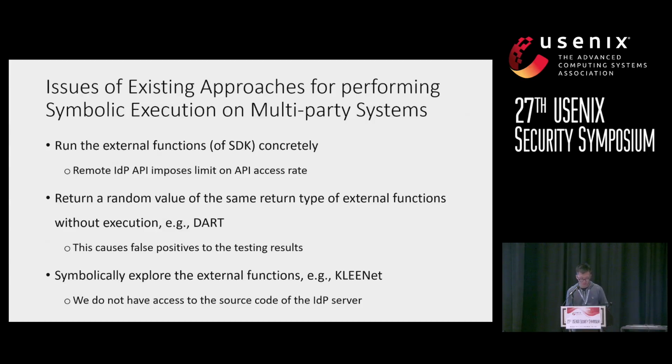The second option is to return a random value of the same return type of those external functions without execution, like those techniques used in Dart. However, this will cause false positives in our testing result. Besides, symbolically exploring the external functions is not feasible because we don't have access to the source code of those IDP servers.